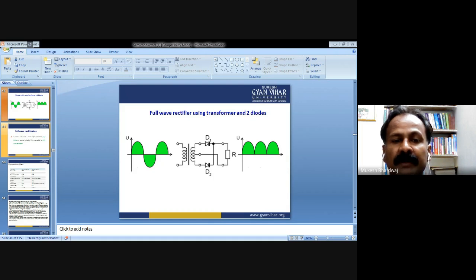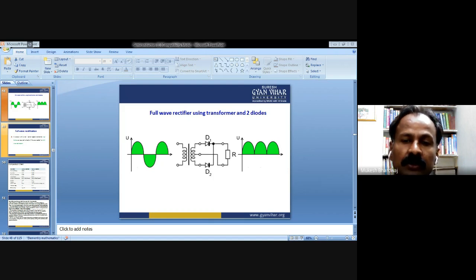We completed the half wave rectifier and started with the full wave rectifier, and we analyzed the half wave and full wave rectifiers on different parameters like IRMS, VRMS, ripple factor, efficiency, TUF, and many more parameters, and peak inverse voltage and so on.